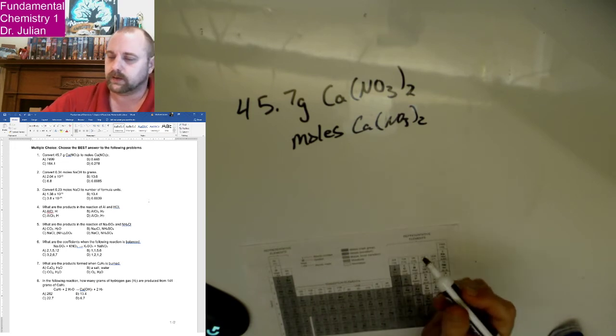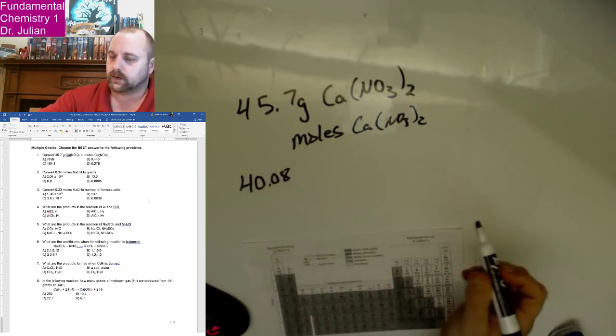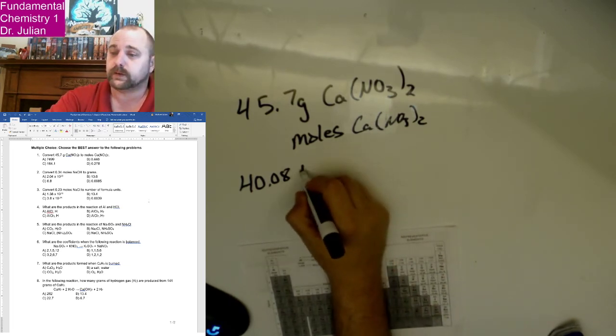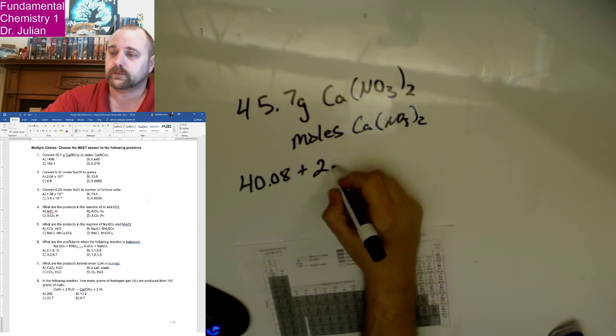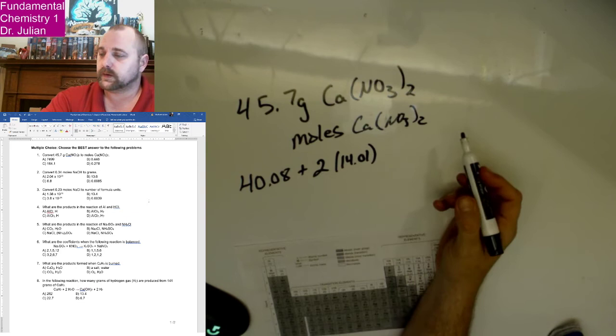So Ca is 40.08 and N is 14.01. But I've got 2 of these, so 2 times 14.01. And we have 6 oxygens.